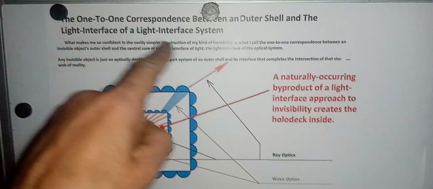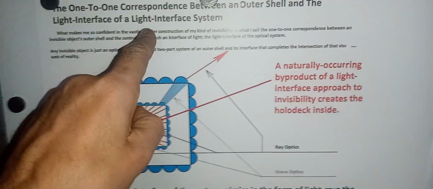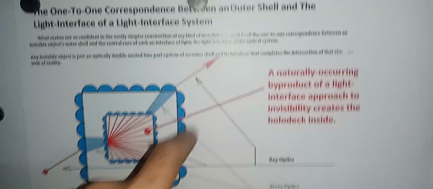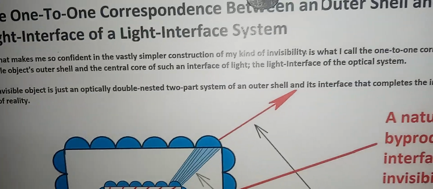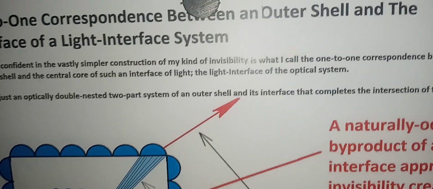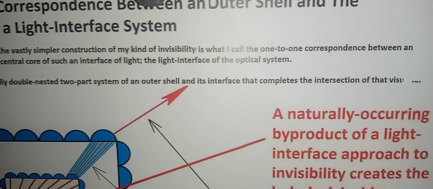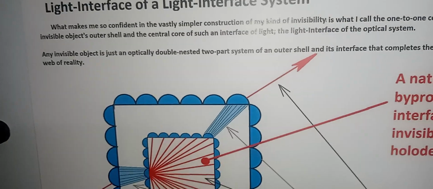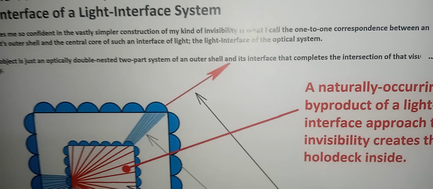This shows the one-to-one correspondence again between the outer shell and the light interface of a light interface system. This is what makes me so confident of this vastly simpler construction of my kind of invisibility, what I call the one-to-one correspondence between an invisible object's outer shell and the central core of such an interface of light, the light interface of the optical system.